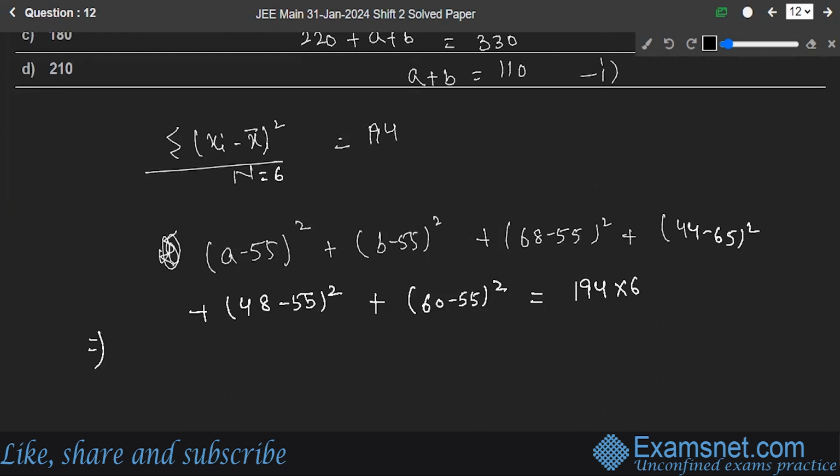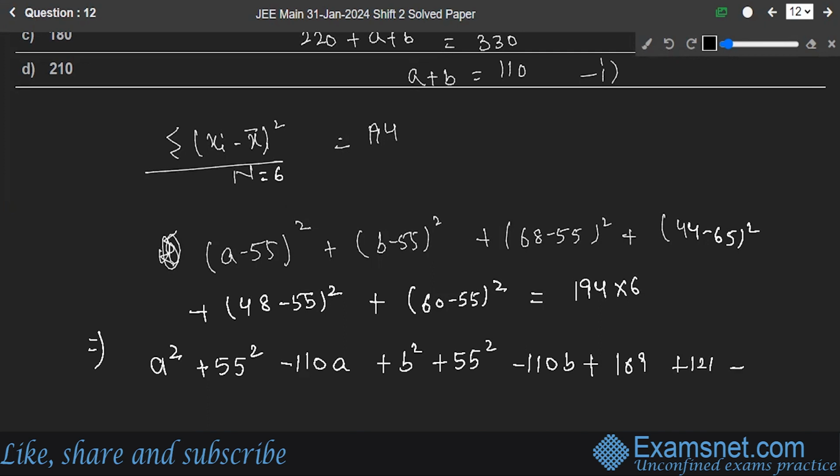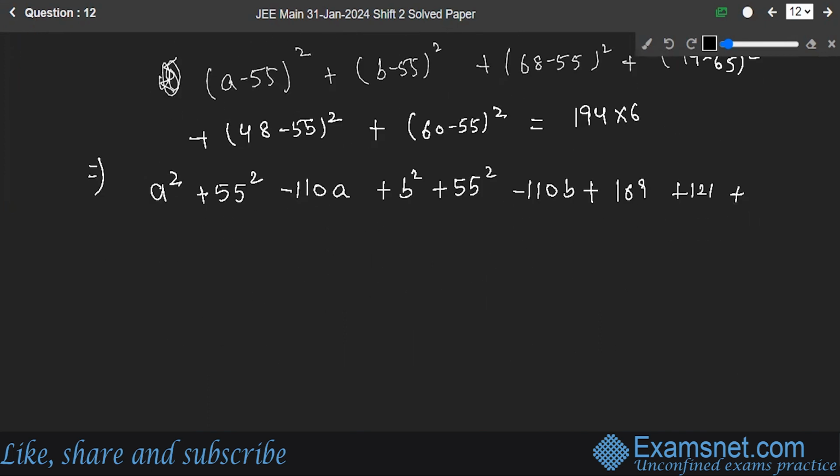You will have A square plus 55 square minus 110A, B square plus 55 square minus 110B. This is going to give you 13 square, so 169, 121, 49, 25. This is equal to 1164.